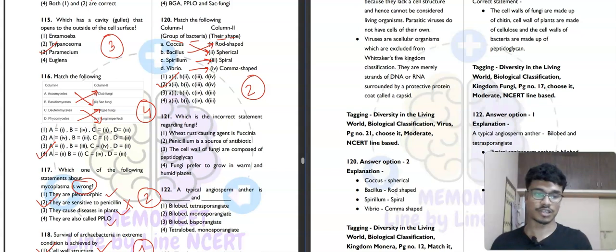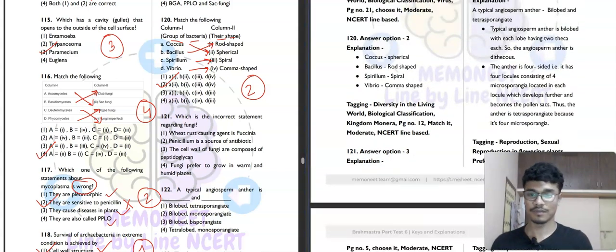Next question, that is question number 121. What is the incorrect statement regarding fungi? The wheat rust causing agent is Puccinia. Do you think that this is incorrect? No, this is absolutely correct, wheat rust is caused by the agent Puccinia.